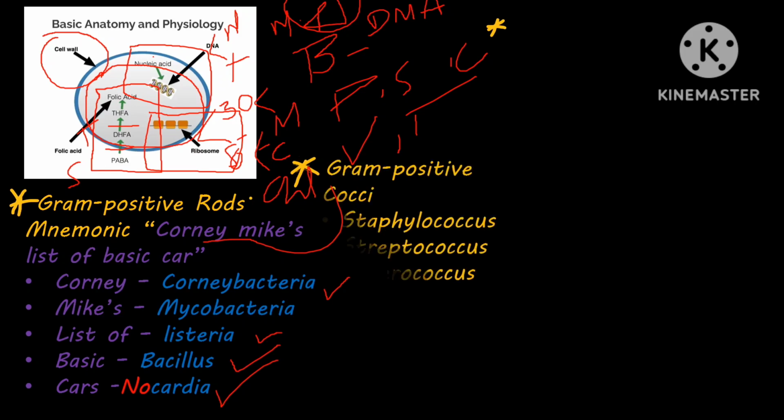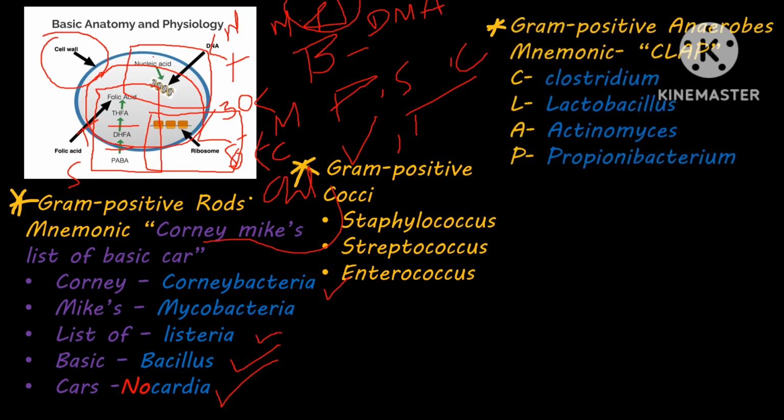And here the gram positive cocci. First one is Staphylococcus, next Streptococcus and Enterococcus, and next one gram positive anaerobic bacteria. The mnemonic is CLAP. C represents Clostridium, L represents Lactobacillus, A represents Actinomyces, and P represents Propionibacterium or Cutibacterium, which is responsible for causing acne vulgaris.